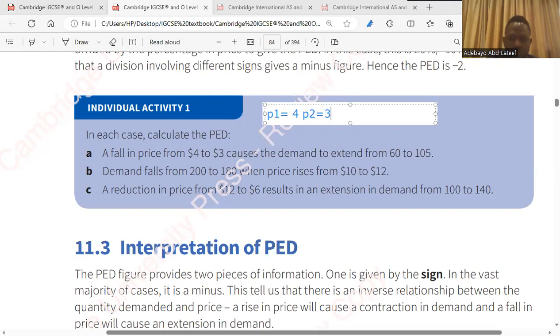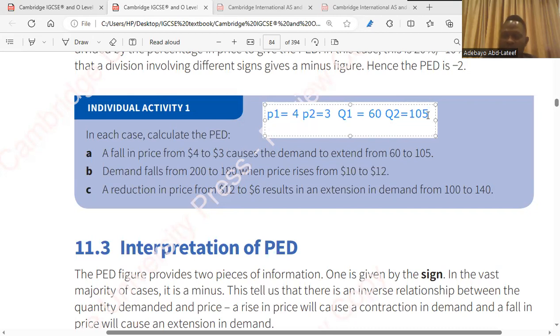Right? Yes or no? Yes. Then we have our Q1 equals 60, then Q2 equals 105. Yes or no? Yes, 105.